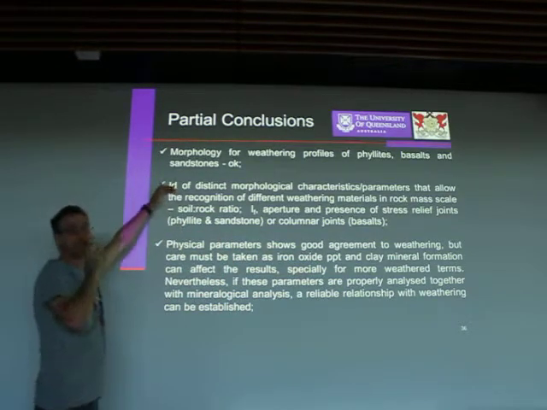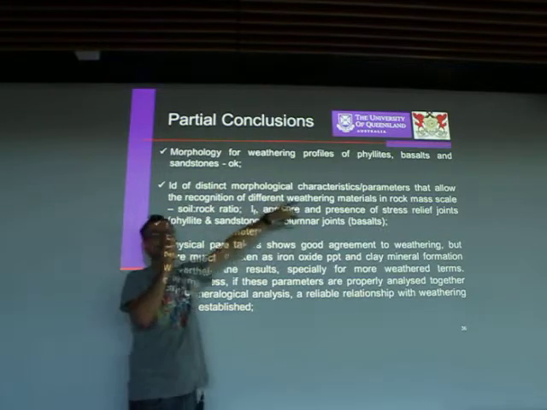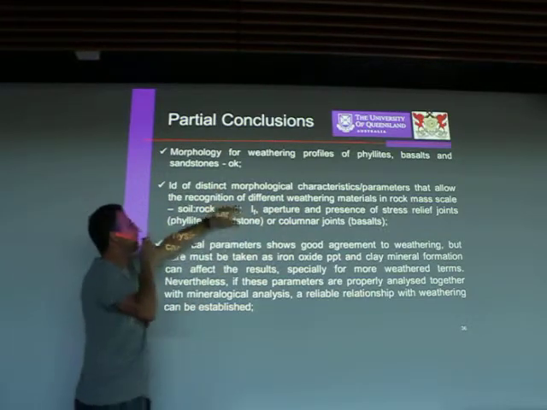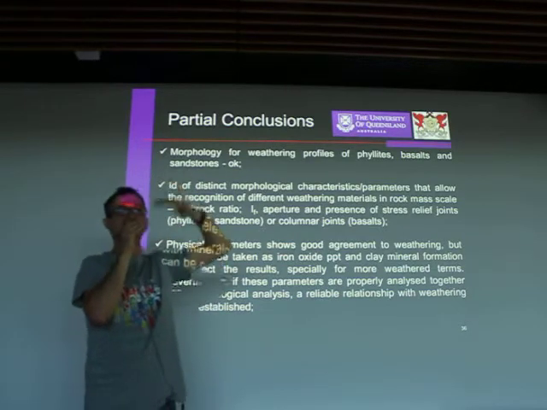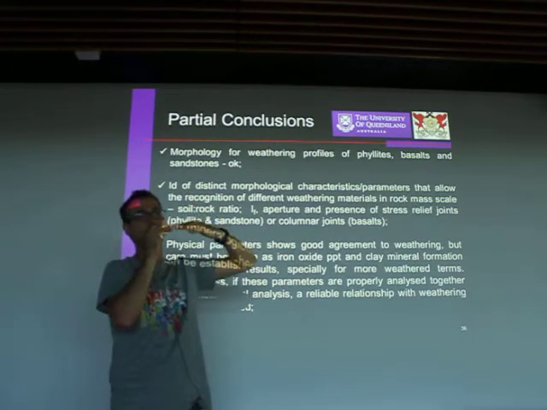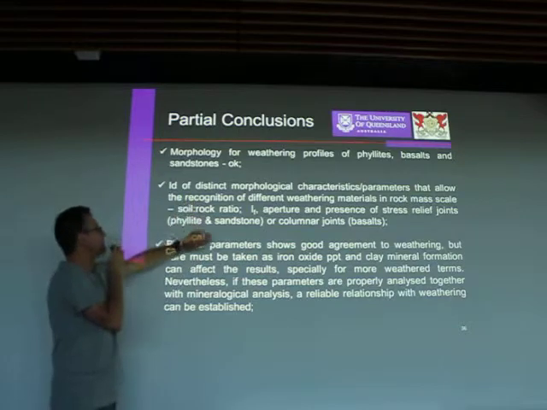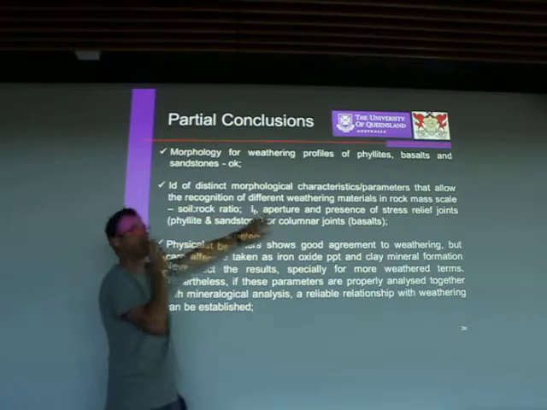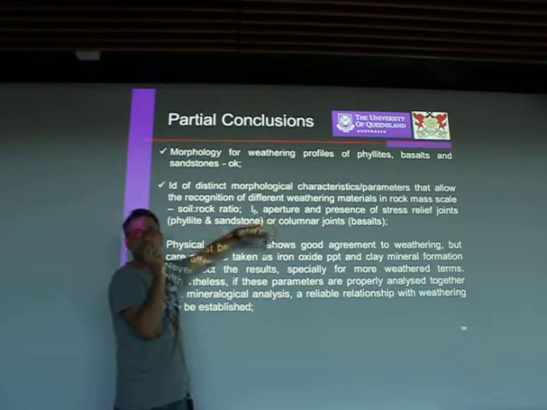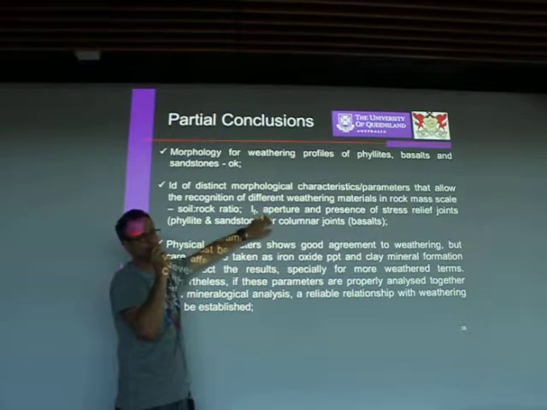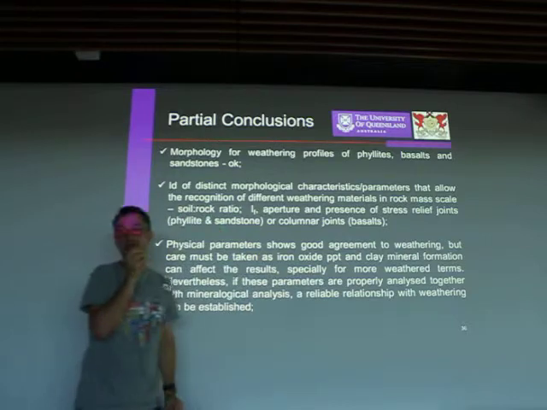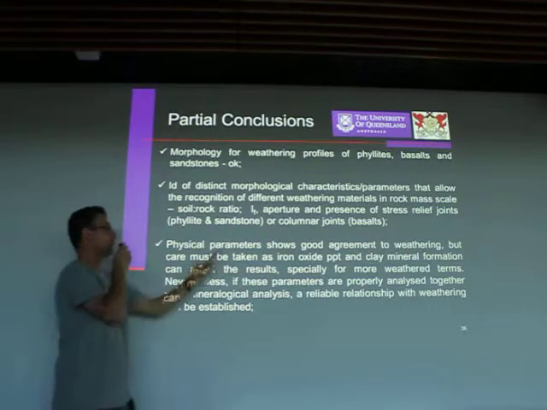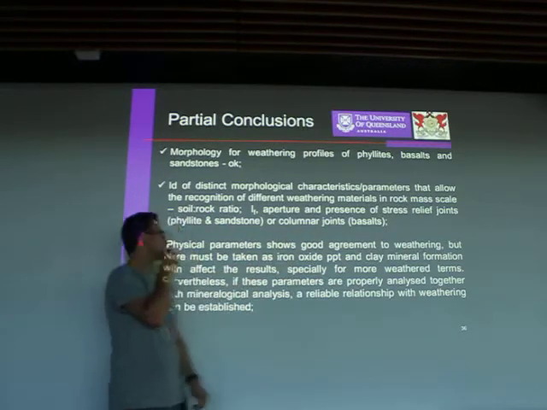We have identified the characteristics and parameters that allow good differentiation between the weathering rates in the field, mainly soil to rock ratio, spacing or fracture index, aperture, and presence of stress relief joints, or columnar joints in the case of the basalts.